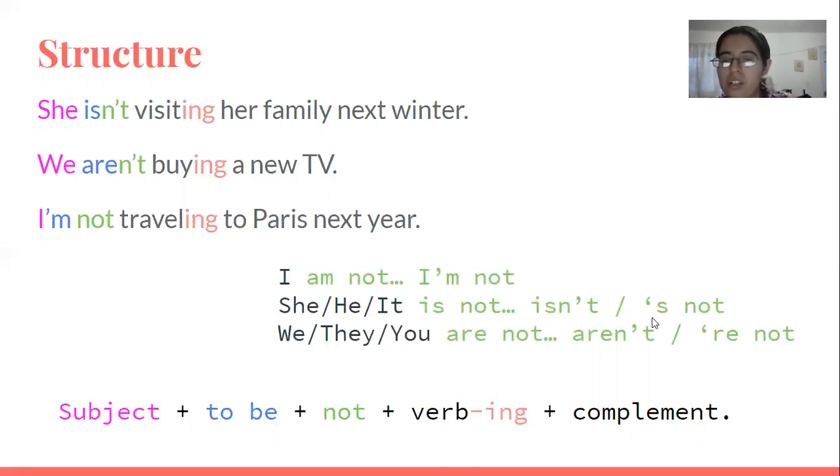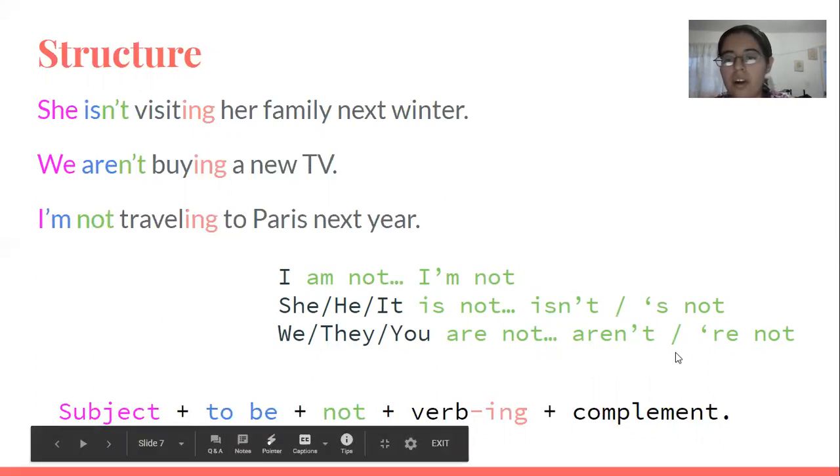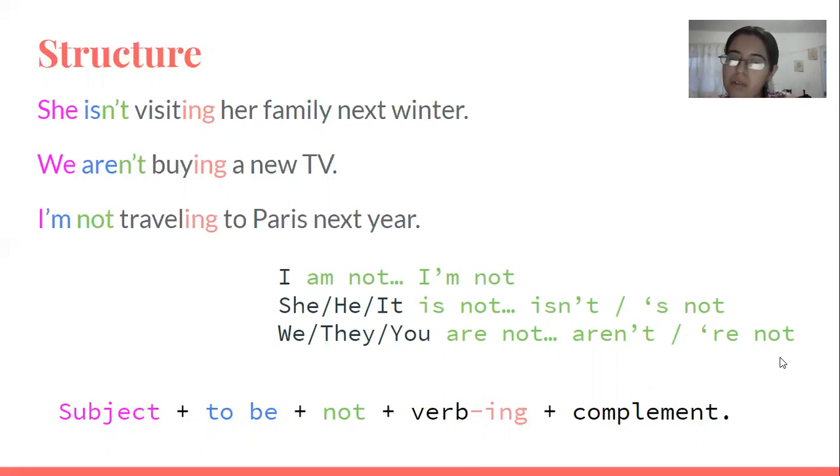We put the contraction in the verb to be instead of together with the not. So that's another option that we have. And then we have we, they, you, are not, or aren't, or we're not, they're not, you're not. So those are the two options that we also have for those ones.